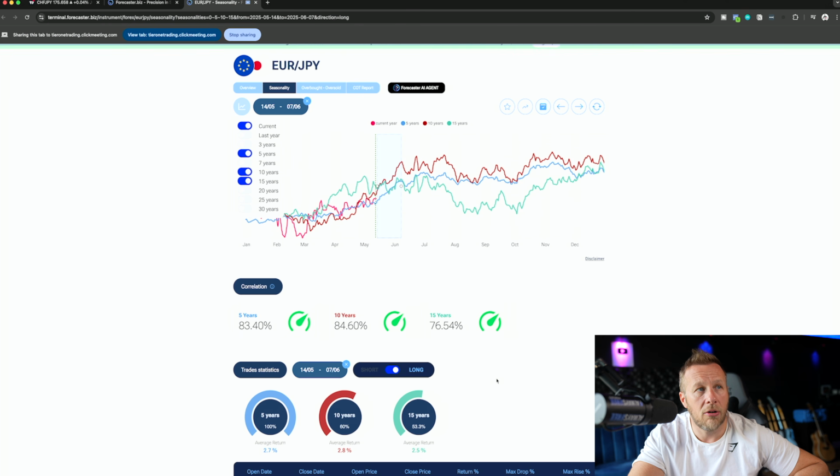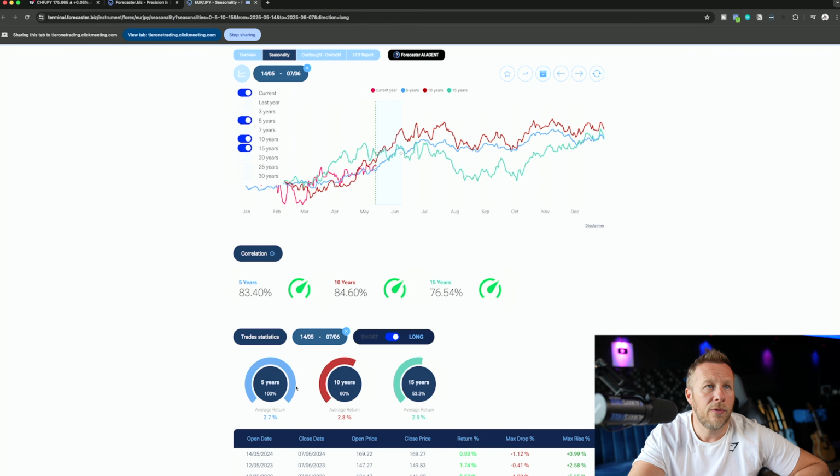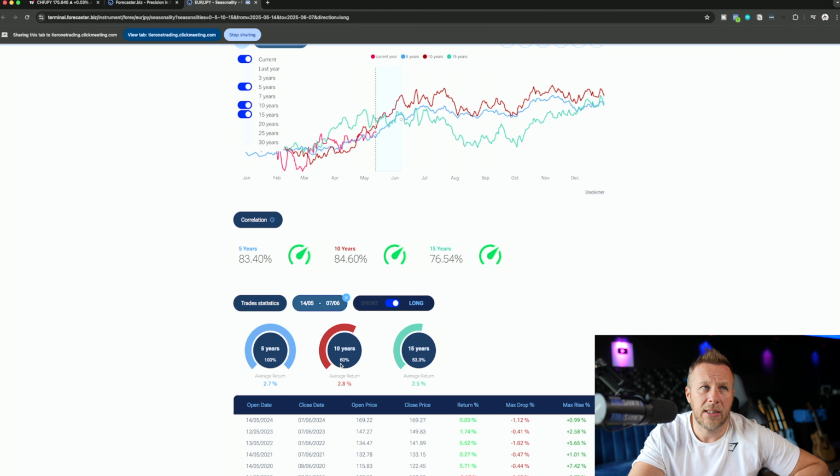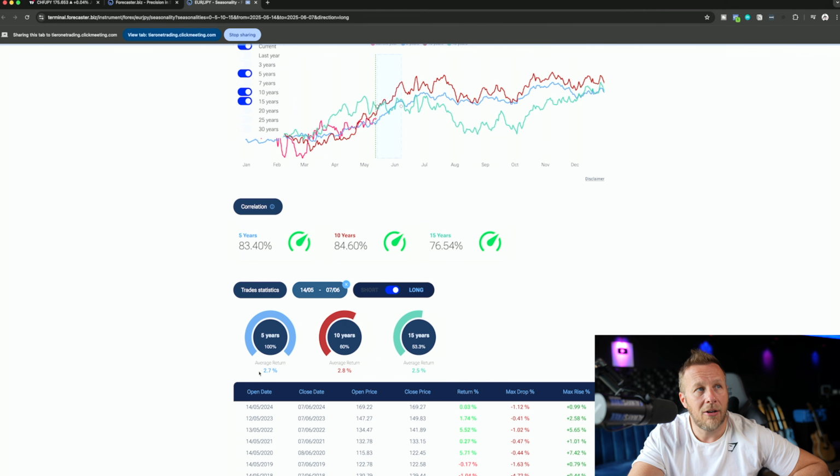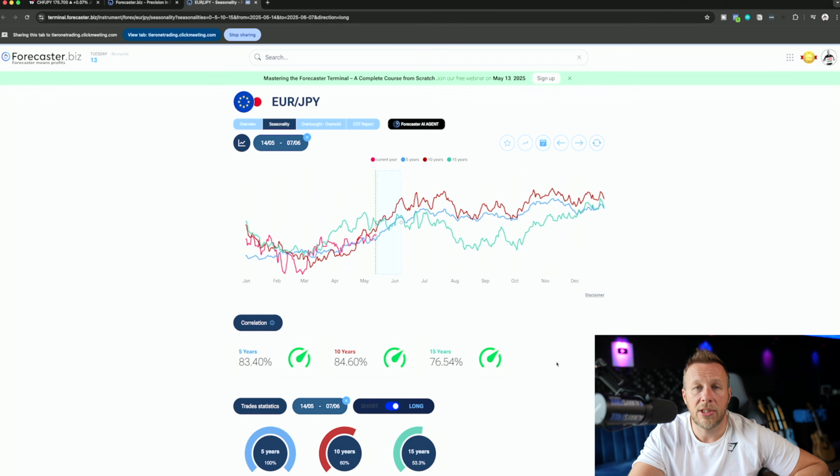So high correlation in price right now. We've got above 50% on all of the seasonality scores. 100% in the last 5 years, 60% in the last 10 years. Again, around that 2.5%, 2.7% average. So it's a little bit better return than the last one.